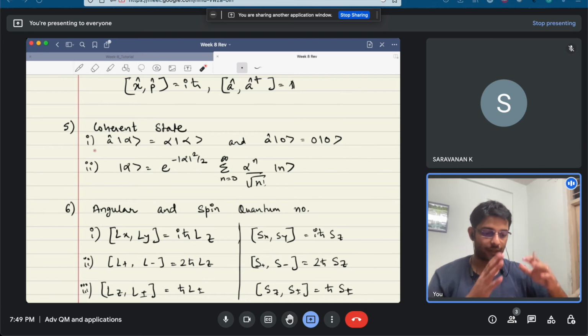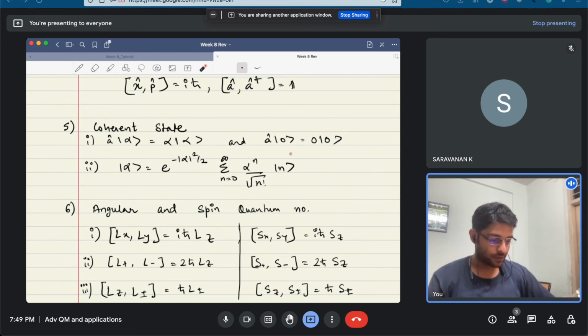It gives us the analogy of the simple pendulum as well, the simple harmonic oscillator. And this was also the key reason for having an eigenstate of the lowering operator, because you can't have bounds on the raising operator, but on the lowering operator you have a lower bound.